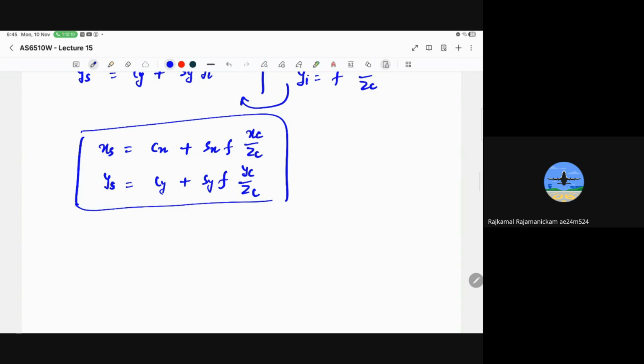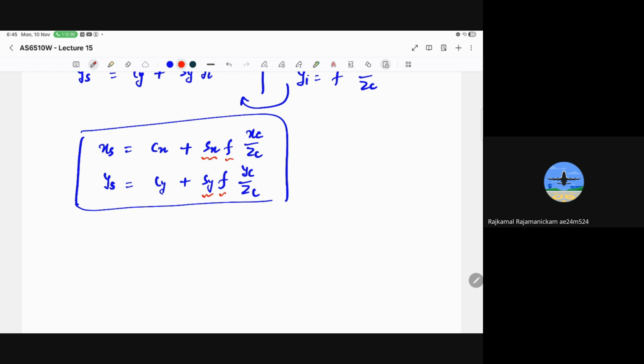Now in this equation, sx is the pixel density in x direction, and the focal length f, both of these are constant parameters. Similarly sy and f are also both constant parameters.